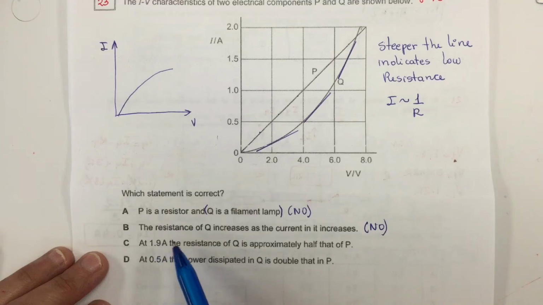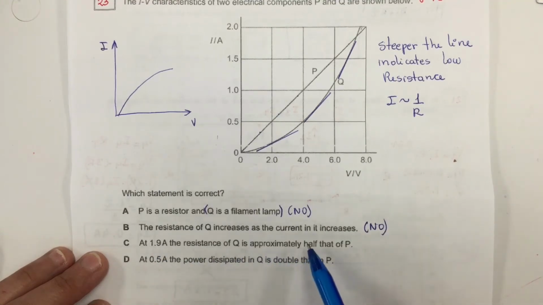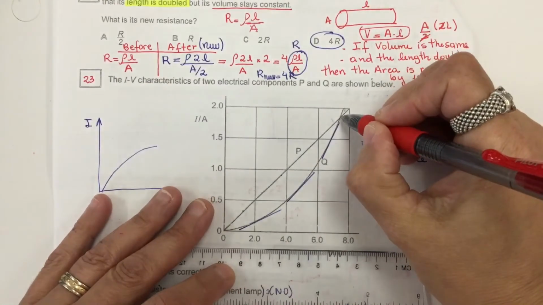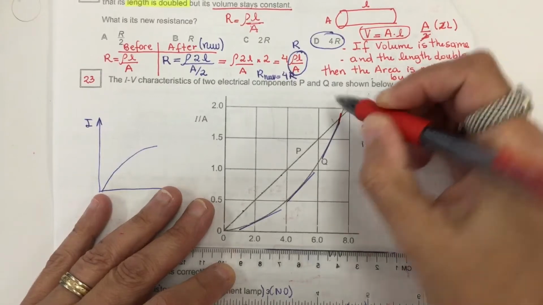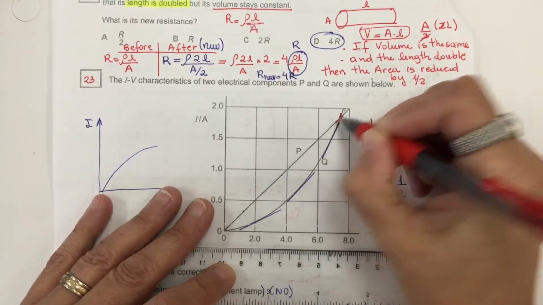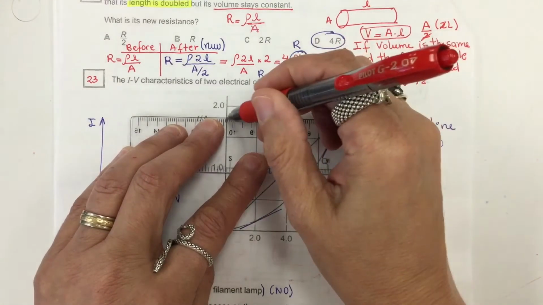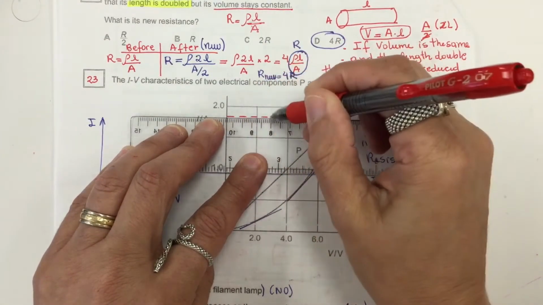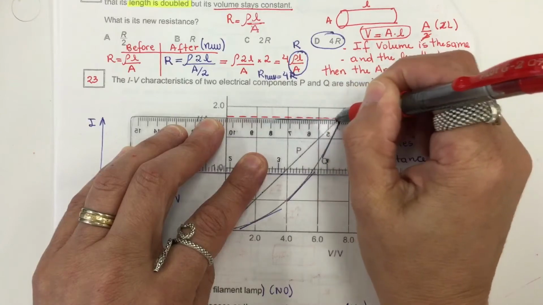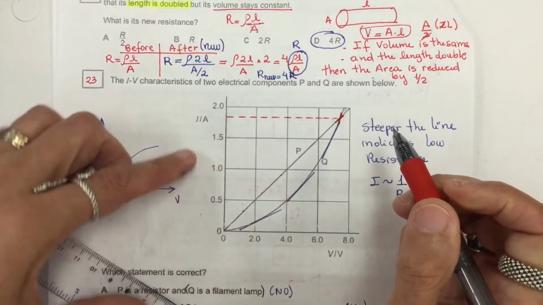At 1.9 amps, the resistance of Q is approximately half that of P. So here is where the graph of Q and the graph of P cross. Which means at this point, they have the same current.